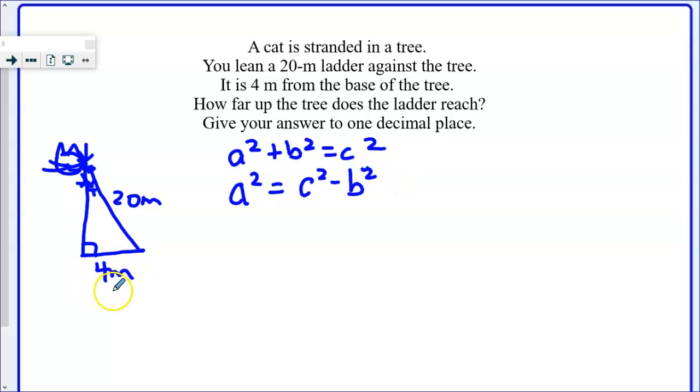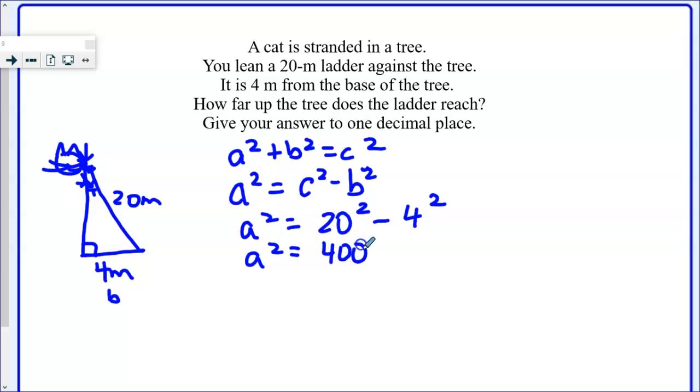I've decided that this is b. Okay, and then that one slide I said, you know, they could be labeled anything. So here we go. C squared, 20 meters, minus 4 squared. This is 400 minus 16. A squared equals 384.